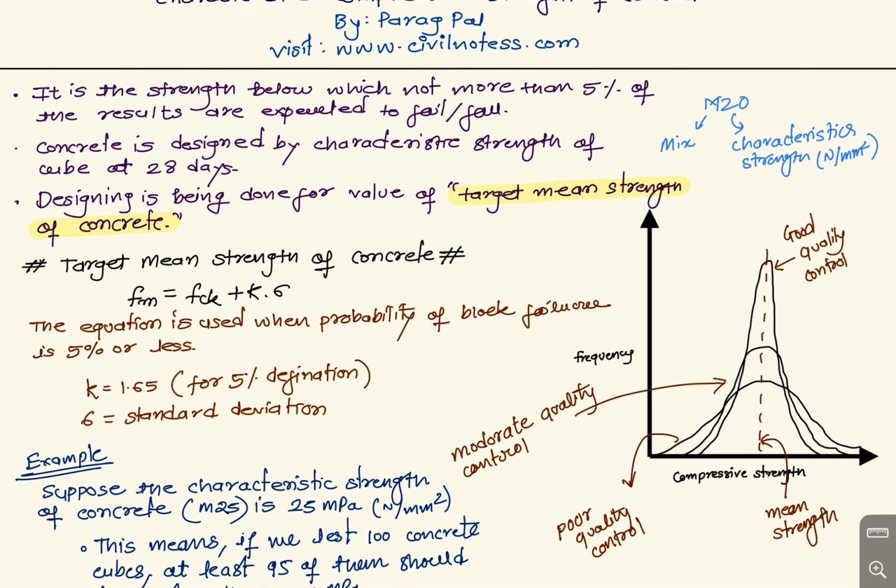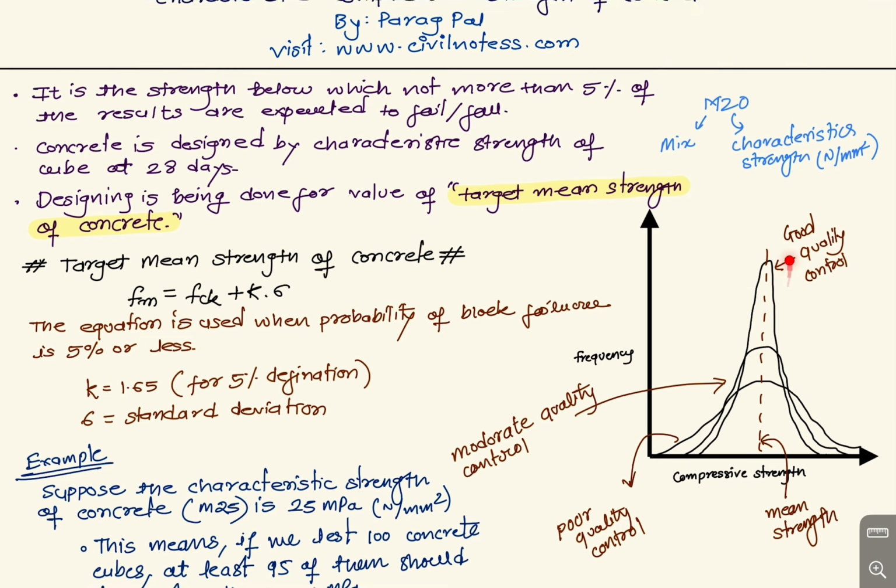Then the second graph, coming from this one, gives you moderate quality control. It means they are okay, but they are not suitable for our characteristic strength. And the third graph, which is coming like this, means the samples in this range are good.